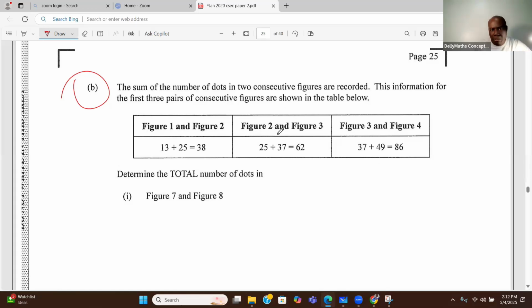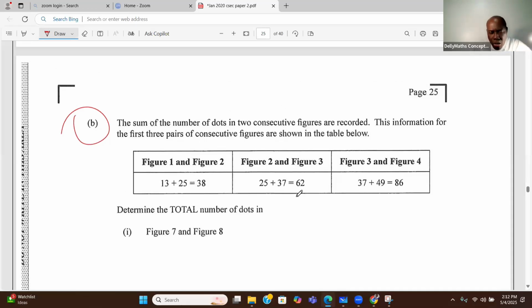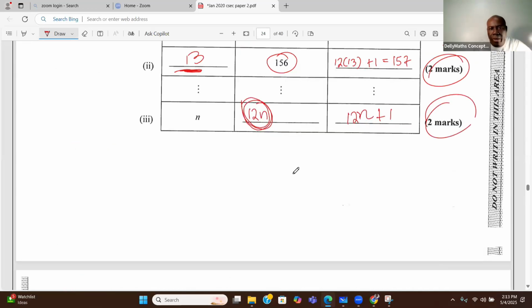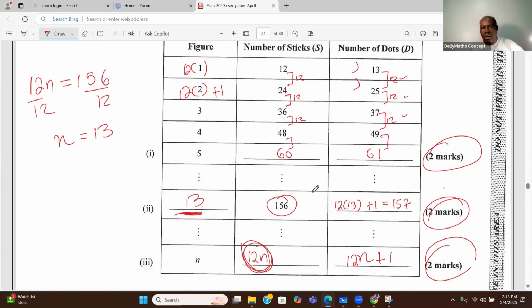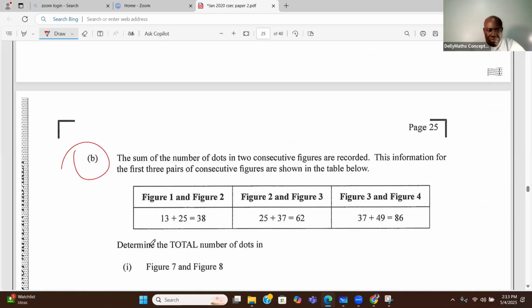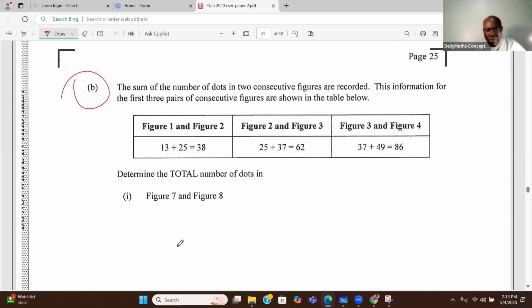All right, let me go back to the table. 13 plus 25, where is it? All right, look. Figure 1, figure 2.